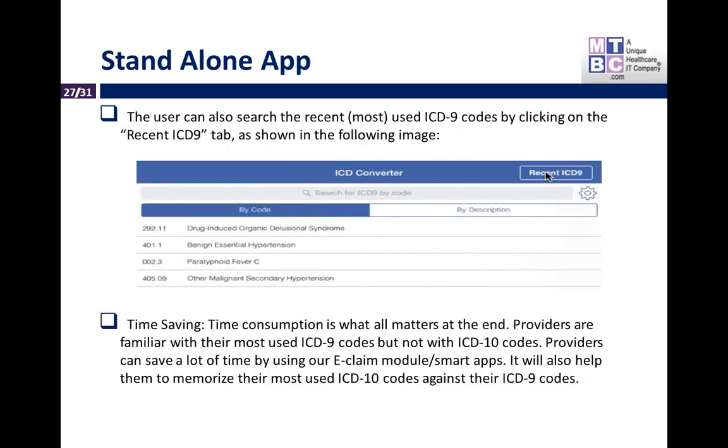The user can also search the most recently used ICD-9 codes by clicking on the Recent ICD-9 tab. At the moment, the providers are familiar with the most used ICD-9 codes, but not with the ICD-10 codes. Providers can save a lot of time by using our E-claims module and smart apps. These will also help them memorize their most used ICD-10 codes against their ICD-9 codes.